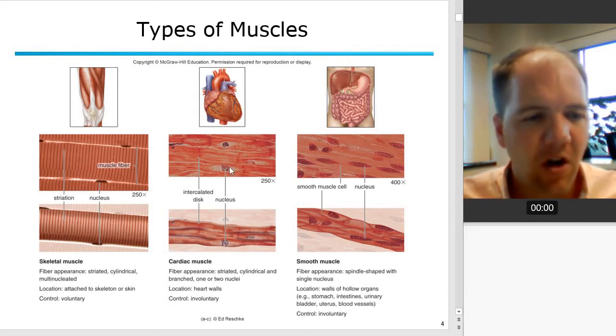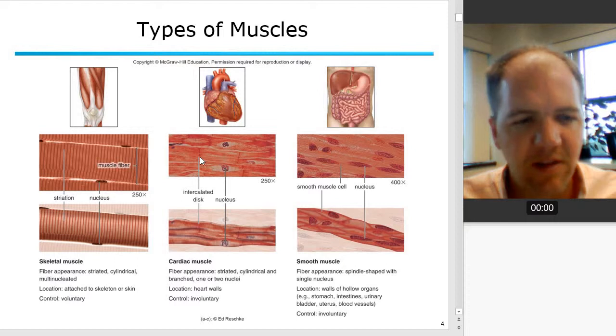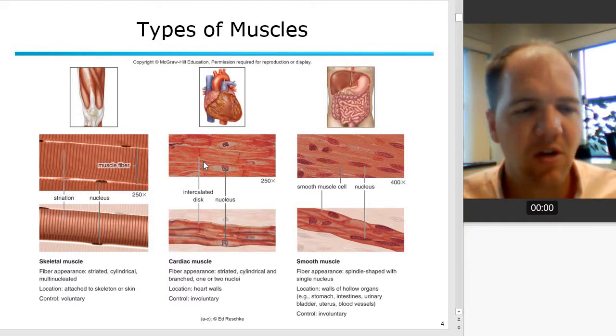A little bit more about cardiac muscle. Along with this branching, they also have what are called intercalated discs. You can see this little darker line here in the picture. That's an intercalated disc. You can see it written here. This is a junction between two cells, but it's full of pores, which means that the cells between the intercalated discs can communicate with each other.